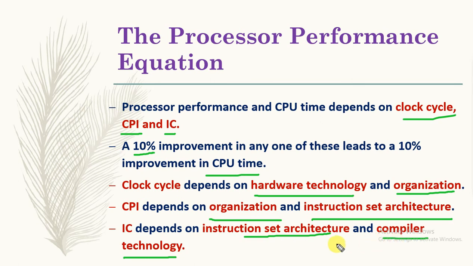If you make any change on any of these parameters, it will affect the overall CPU time. So these three things are varying: clock cycle depends on hardware and organization, CPI depends on organization and ISA, IC depends on ISA and compiler technology.